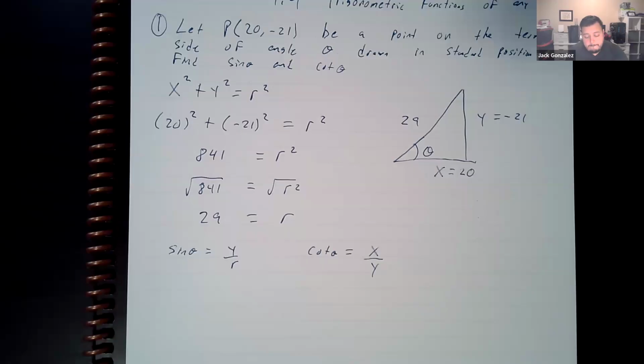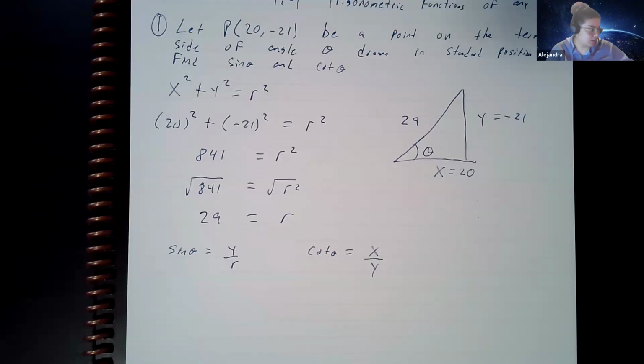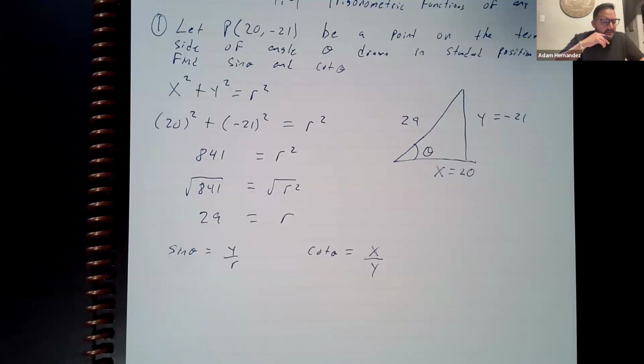What do you think is sine? So the y is negative 21, and then we said the radius is 29, so negative 21 over 29. So negative 0.17.